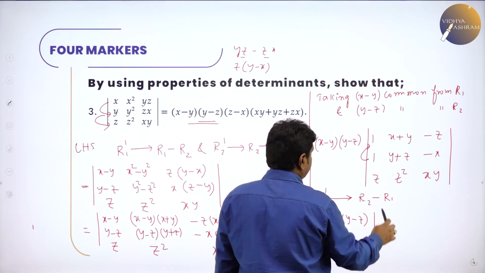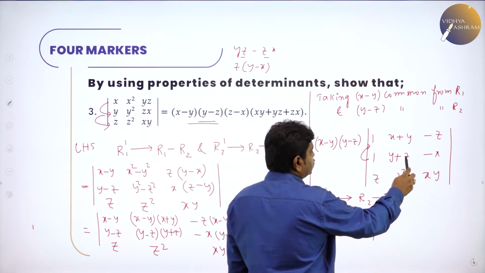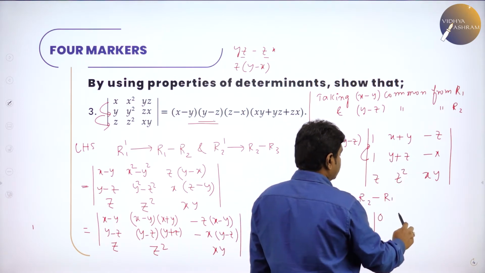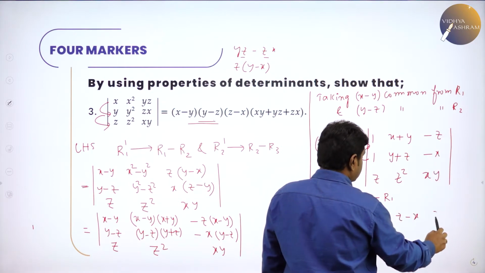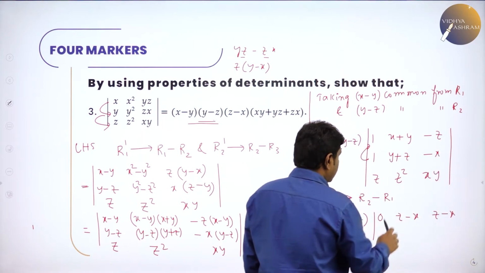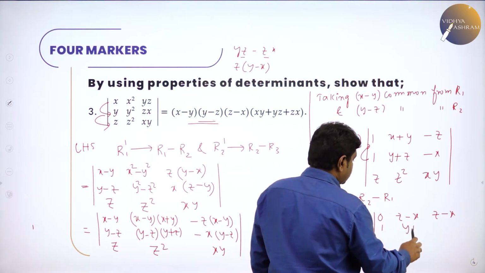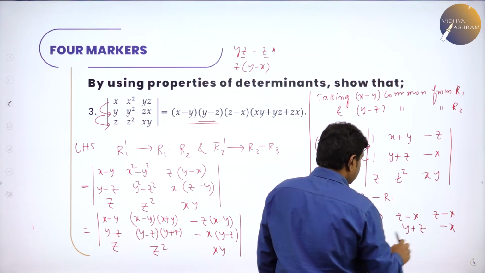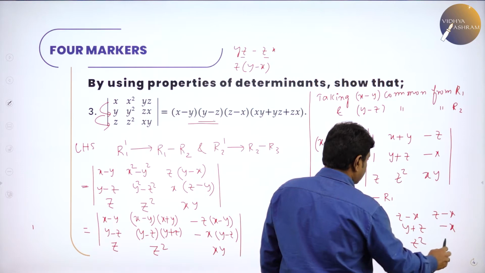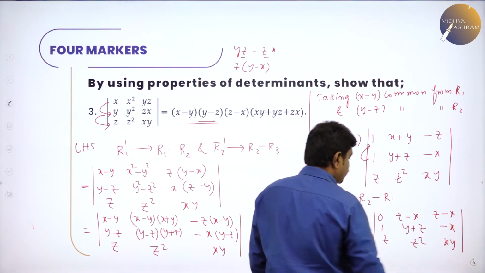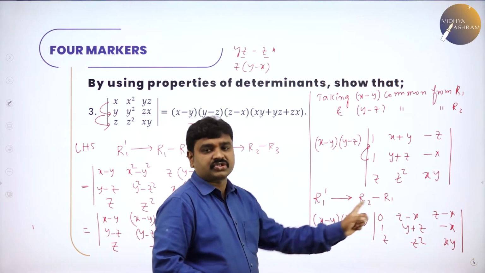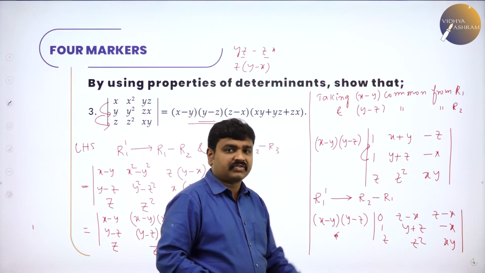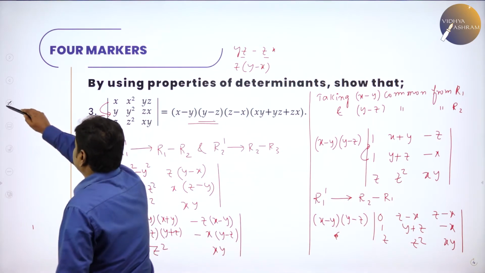So 1 minus 1 is 0, y plus z minus y cancels, it will become z minus x plus z, this will become z minus x, remaining 1, y plus z minus x, z square xy. Now the problem is reduced, now you expand it. You can take out z minus x common from the first row.